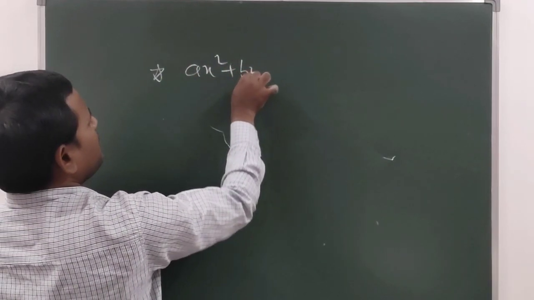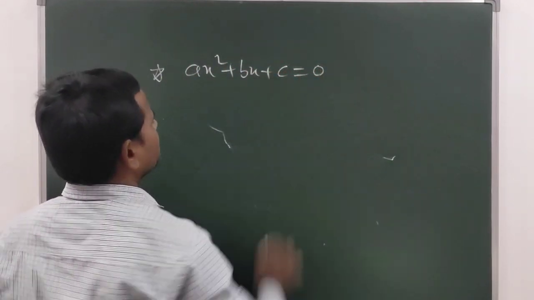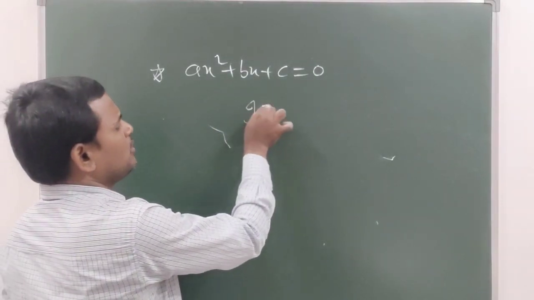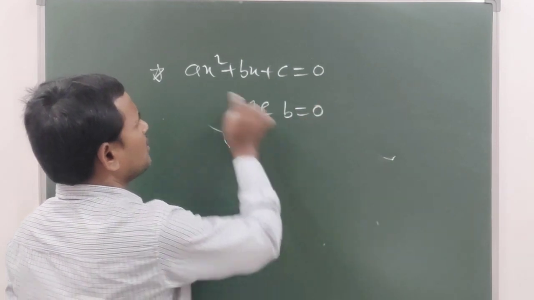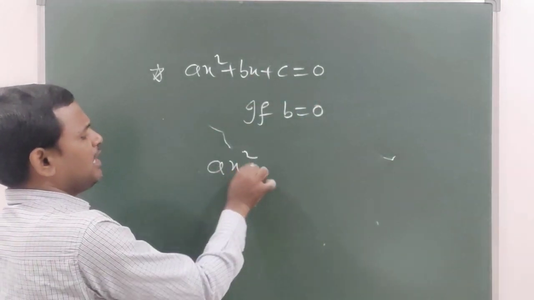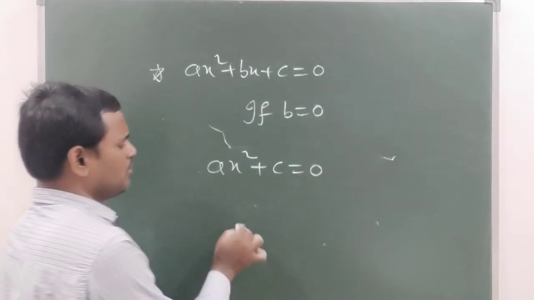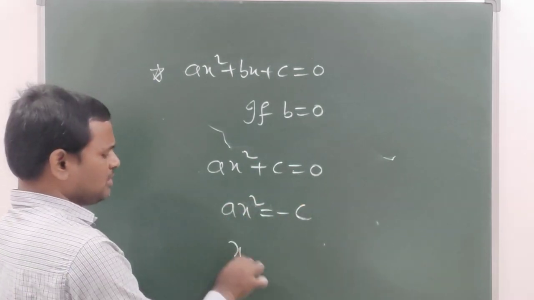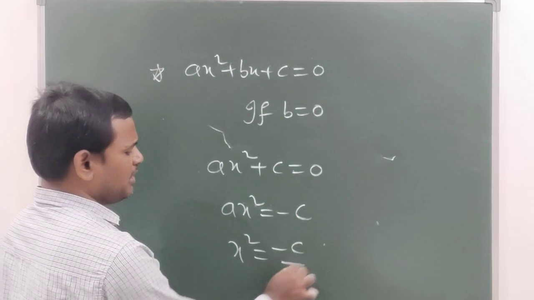ax square plus bx plus c equal to 0. Suppose if b is 0 here, then what do we get? ax square plus c is equal to 0. Now ax square is equal to minus c, so x square is equal to minus c by a.